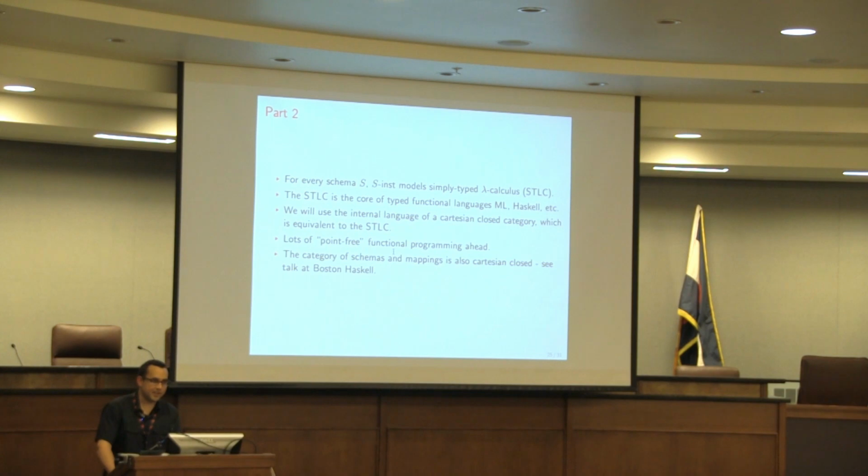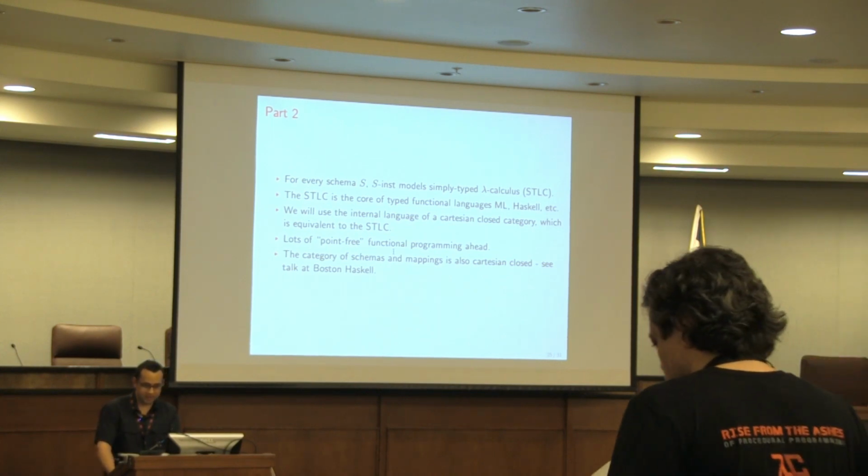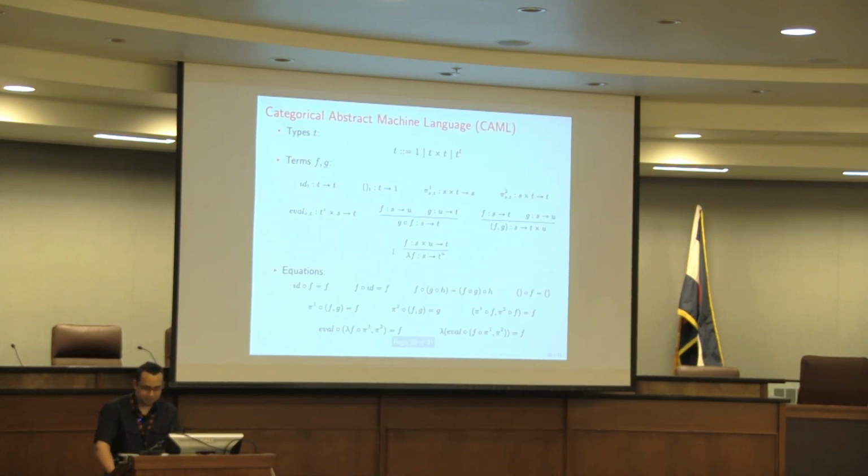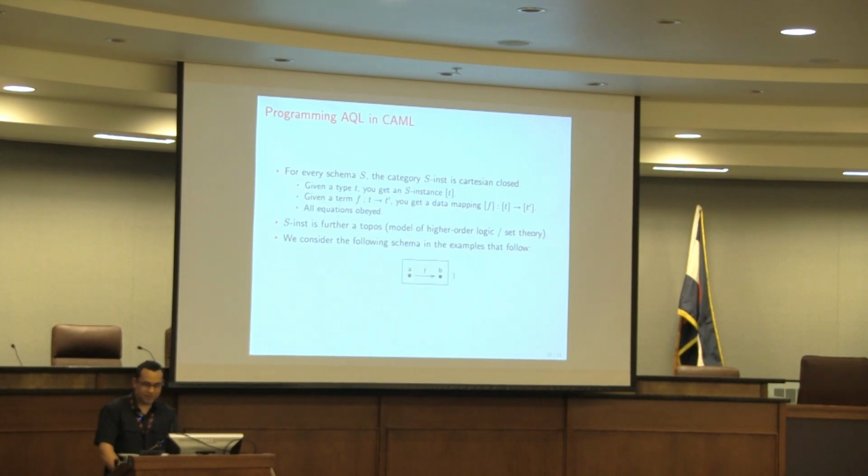Those of you in Dana Scott's session got to hear about one kind of model of the untyped lambda calculus. But basically, if you have a schema like this, just two nodes and an edge between them, all the operations that you would expect to be able to do in the lambda calculus, like take products and take exponentials, you can do with the instances on that schema.